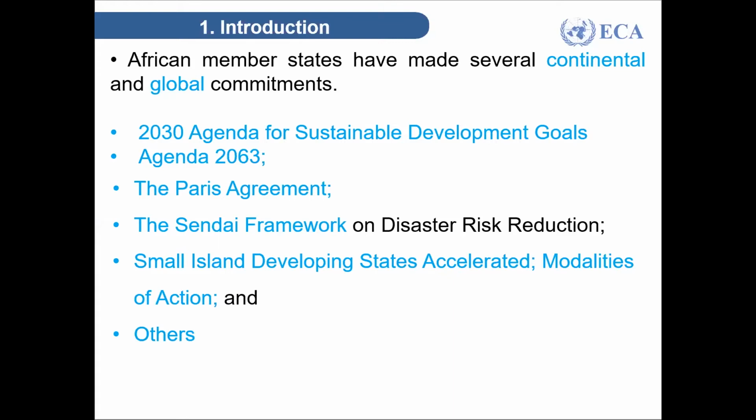Now, just to give you background, African member countries have made several continental and global agreements and commitments, such as the 2030 Agenda for Sustainable Development Goals, the continental-wide agenda that's known as Agenda 2063, the Paris Agreement, the Sendai Framework on Disaster Risk Reduction, and other agreements.